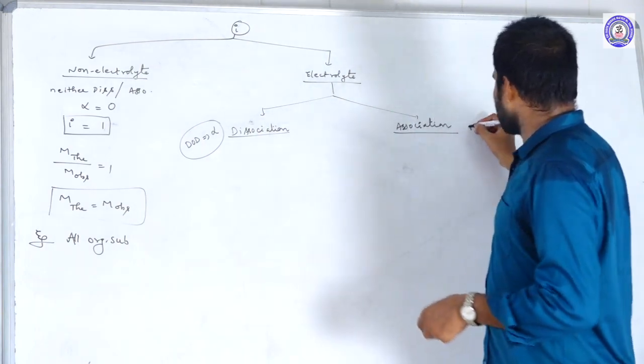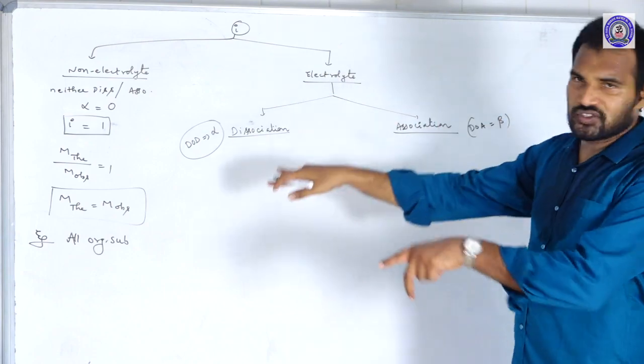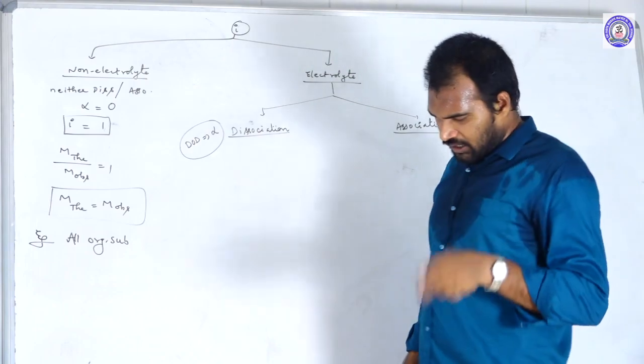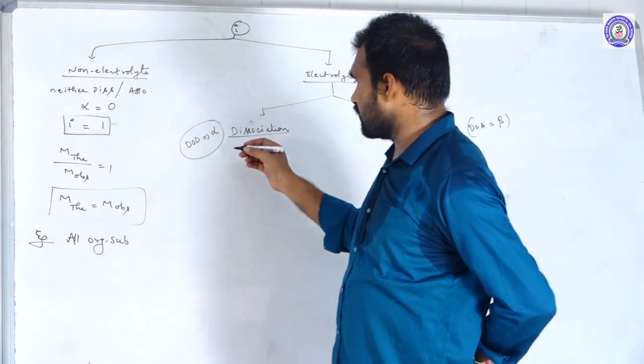And here, for association, the degree of association is beta. Here degree of dissociation is alpha, degree of association is beta. For that I am using a general formula, just remember.